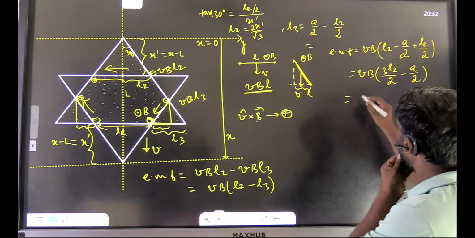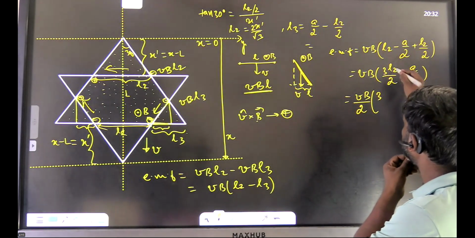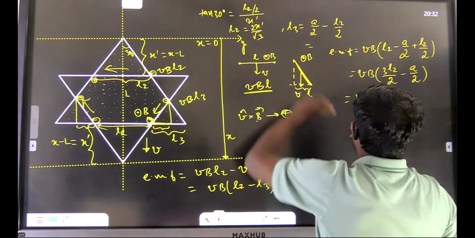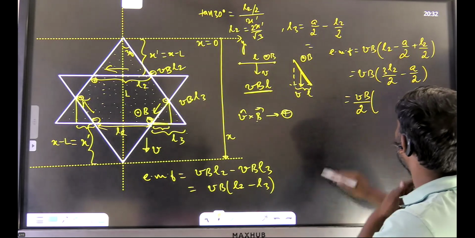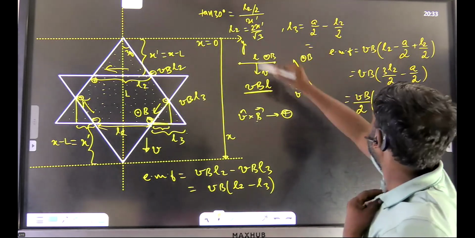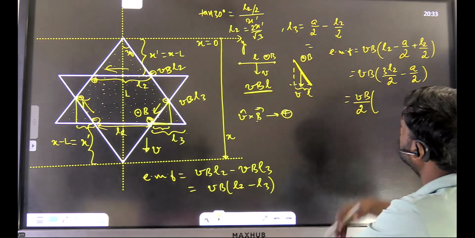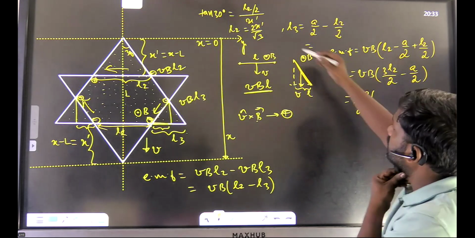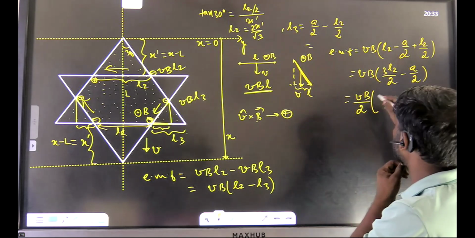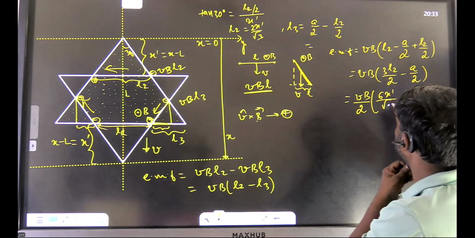So let us take 2 outside, so VB and here by 2 and this is 3L2. So L2 we can put from here, so we'll get here 3 and 2. When we multiply this, say 2 we have taken outside, and here we get 3 and that 2 multiplies, so we get here basically 6 x primed by root 3.